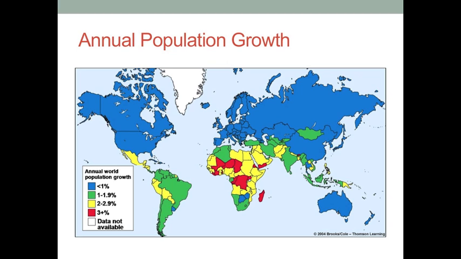However, in West Africa and in Central Africa, we see that rates of population growth in excess of 3% are still present and are significantly problematic in these areas with very low economic growth and low quality or human development index values.